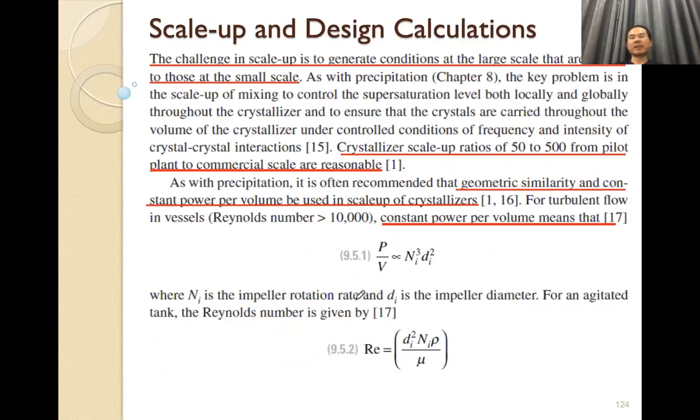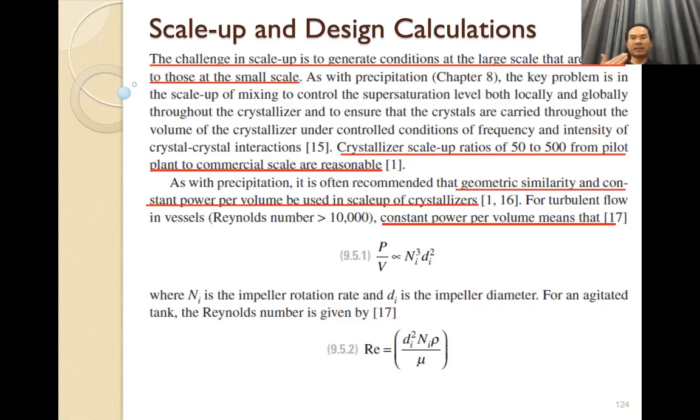And the last topic for this is the scale up of the crystallizer. Scale up the crystallizer, mostly we will scale up from the laboratory scale, the small scale. We would like to generate the same condition, from batch scale, small scale to large scale, or laboratory scale to the industrial scale. The condition should be the same, and the geometry also should be the same.